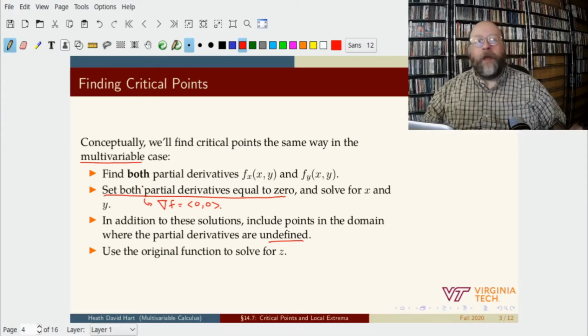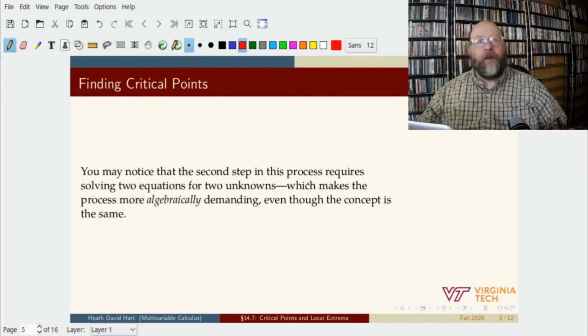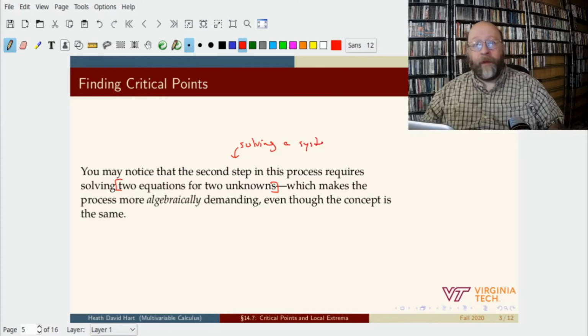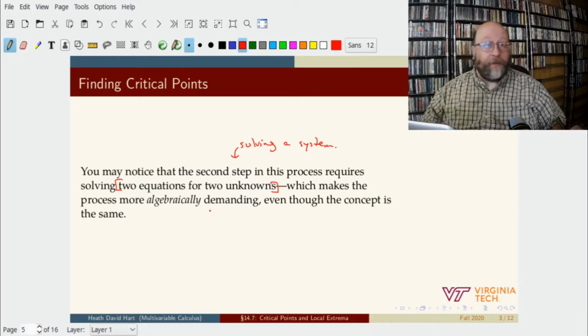So this takes a little bit longer because we have two equations we're having to work with. And when we have two equations, we also have two unknowns. And so this is solving a system. And that's a little bit more algebraically demanding, but the concept is the same.